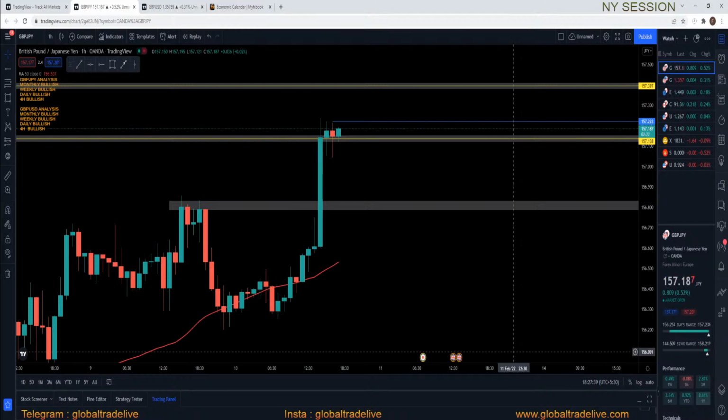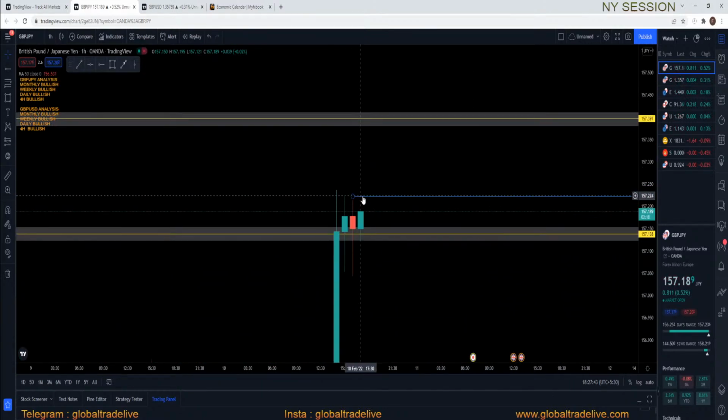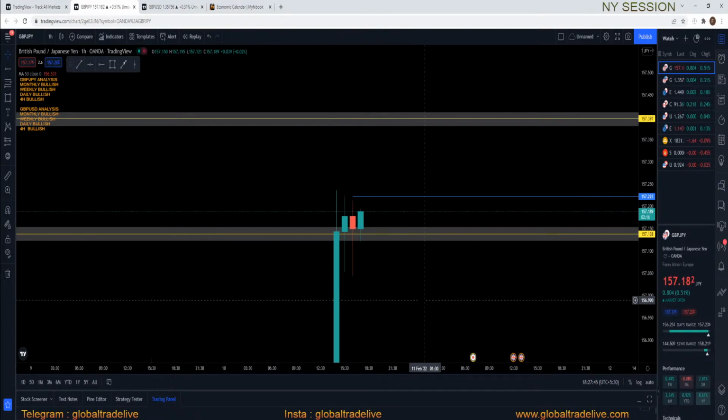Okay, so look over here. The 1 hour candle is about to break this price. It's trying to do that, but it just has 2 minutes left. So I'm gonna wait for 2 minutes for this candle to close.